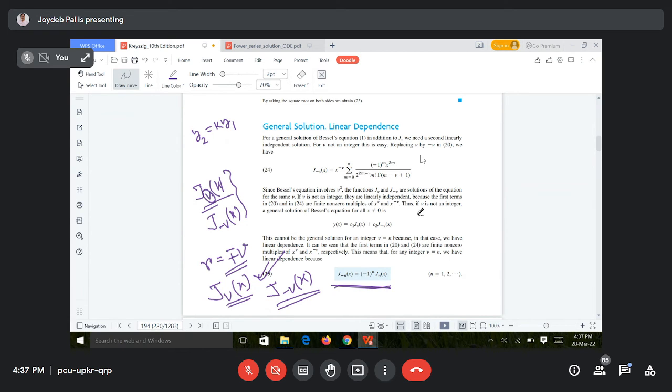And thus if nu is not an integer, a general solution for Bessel's equation is y of x is equal to c1 y1 plus c2 y2, so c1 J nu plus c2 J minus nu. When can we write this general solution? If nu is not an integer.